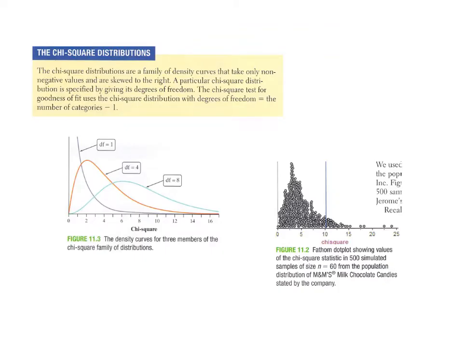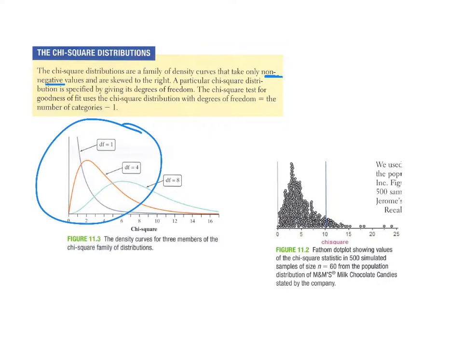So our chi-square distribution is different. It's not a normal distribution. Chi-square distributions have no negative values. They only take on non-negative values, which makes sense if I've gone through and squared everything and then added it up. And it's skewed to the right. So our chi-square distributions are skewed to the right with only non-negative values.